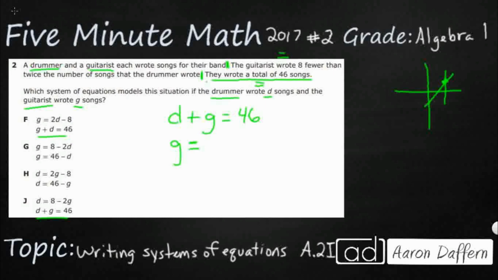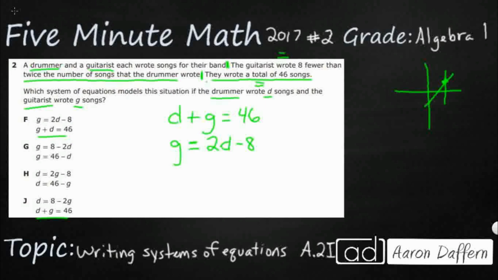All right, so twice the number of songs that the drummer wrote. So I'm going to write 2D. It's 8 fewer than that, but since it's subtraction, we need to put that in the back side because that's going to be the smaller part. So 8 fewer. So you take whatever the drummer wrote, subtract 8 fewer, that's what your guitarist gets.